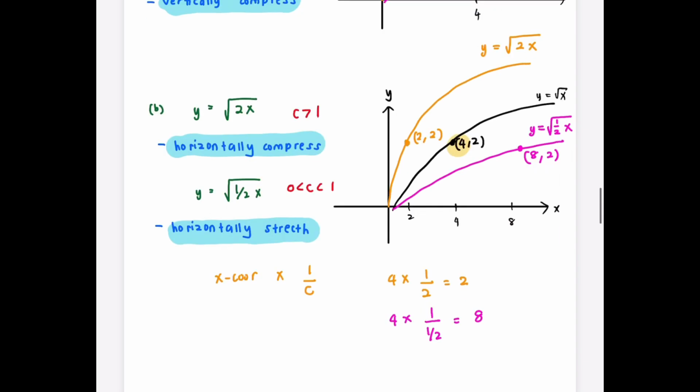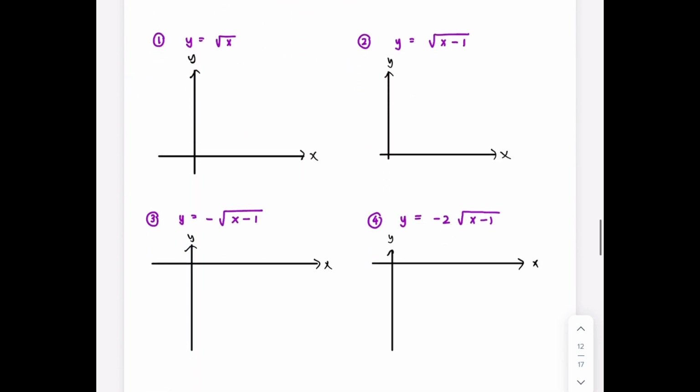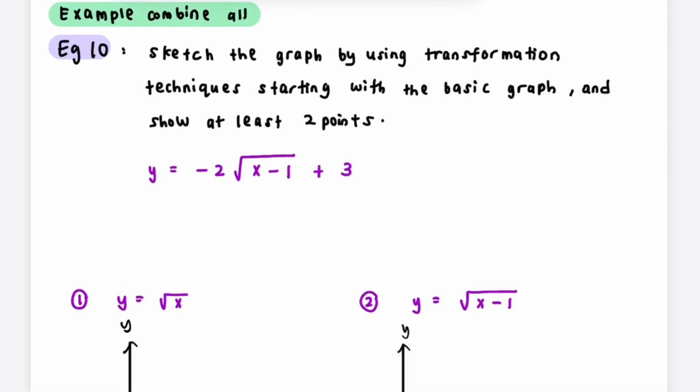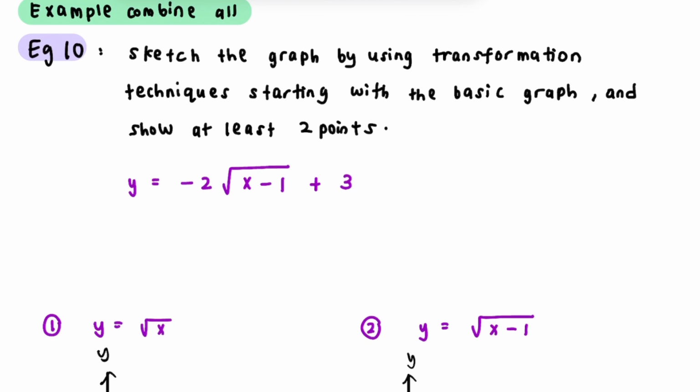Okay, let's look at one example that combines all the transformations. Okay, look at this question. Sketch the graph by using transformation techniques, starting with the basic graph and show at least 2 points. So this is the given function. If you look at the function here, how many transformations are involved? You have a negative outside the square root.